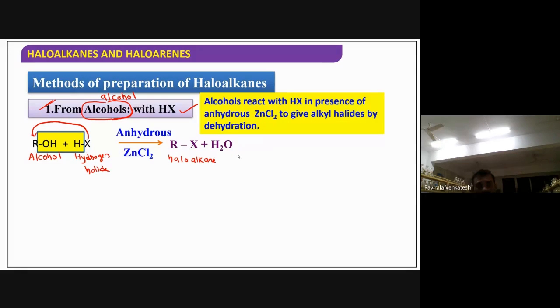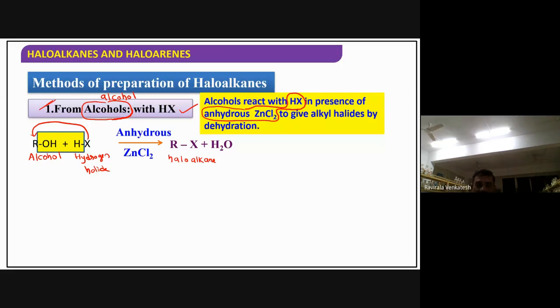Now the important thing is that anhydrous zinc chloride in the presence of HX is called Lucas reagent. You may get a multiple choice question: among these, which is the Lucas reagent?